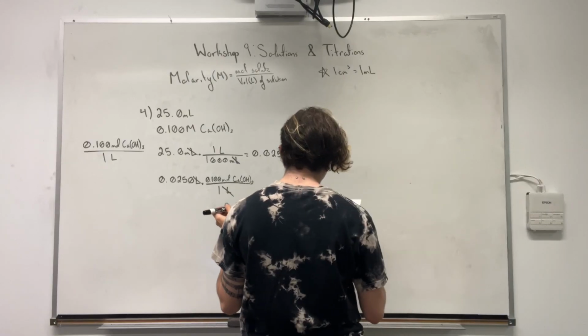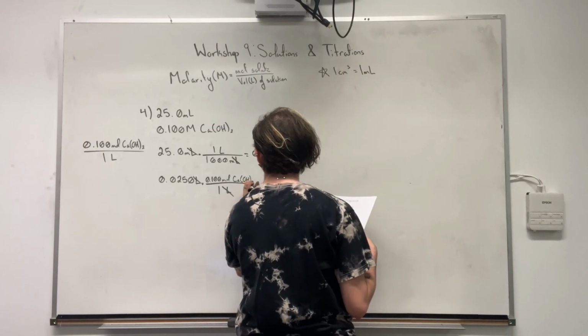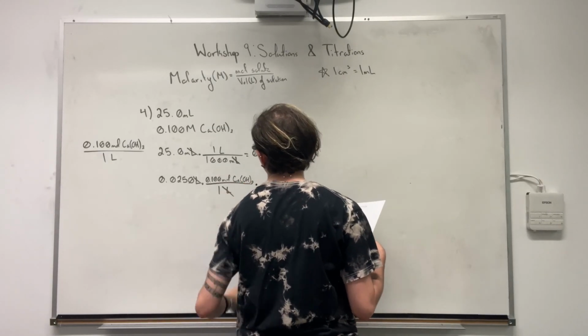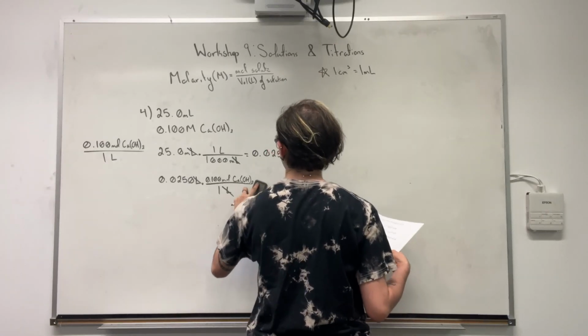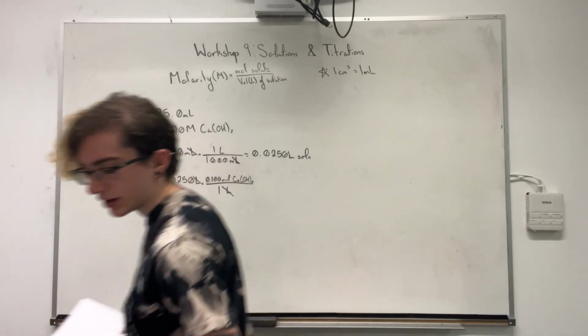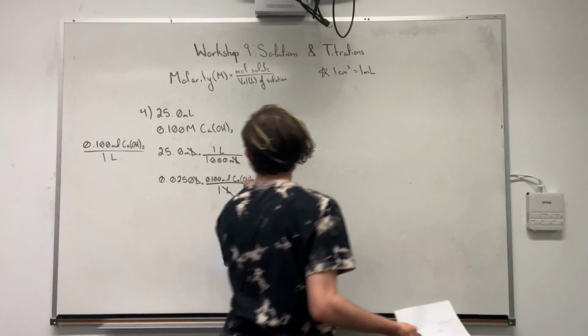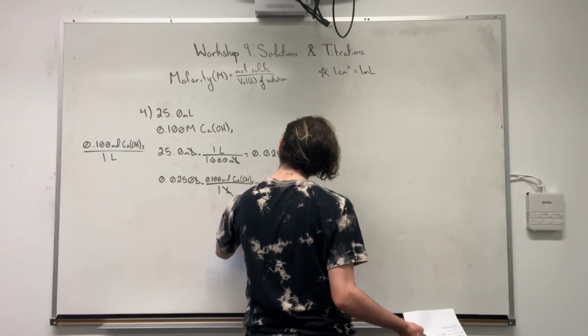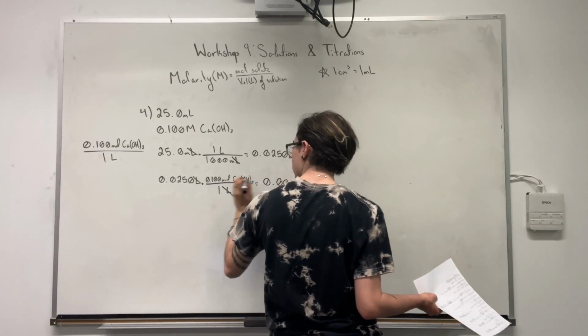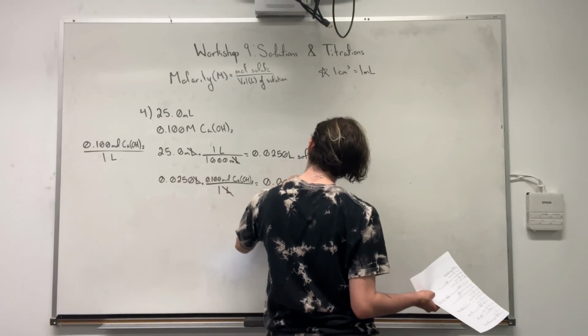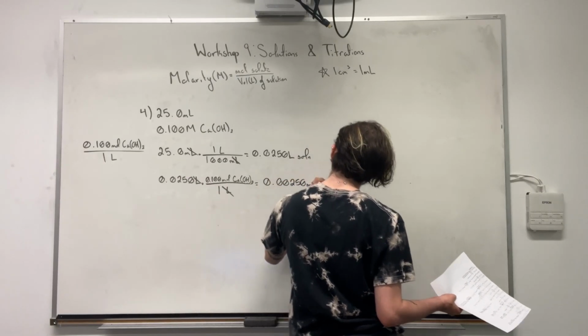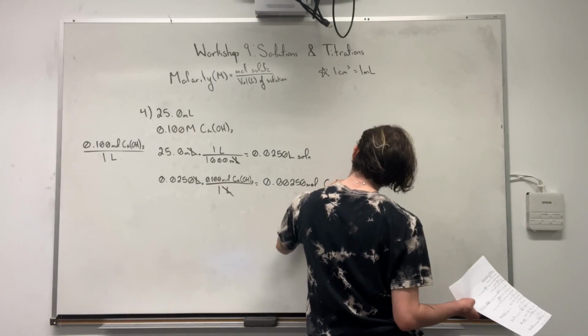Let me get the moles first, and then I'll do a separate calculation for mass. So 0.0250 times 0.1, we have 0.00250 moles of calcium hydroxide.